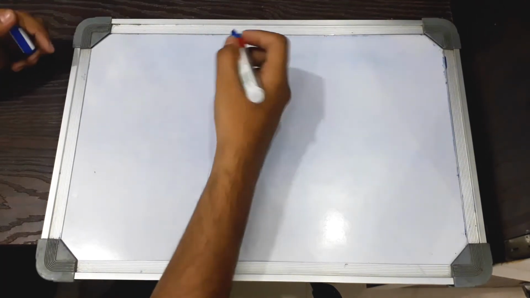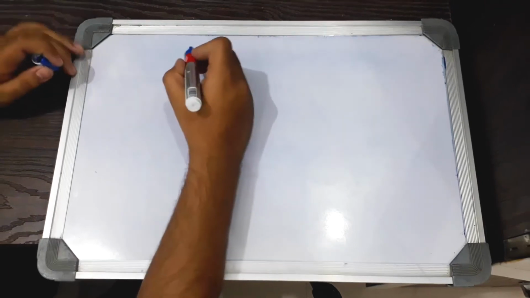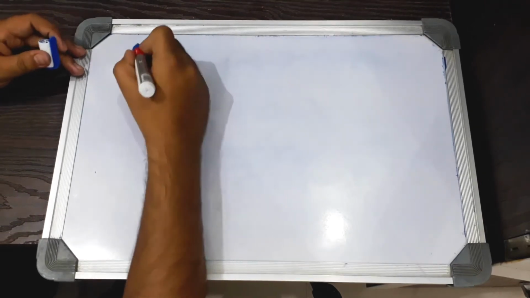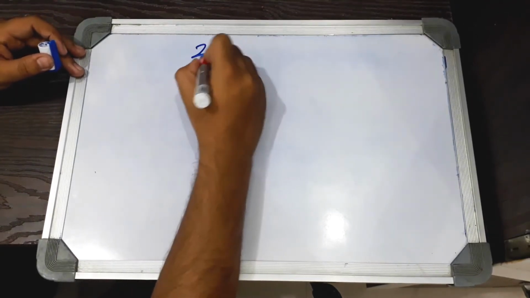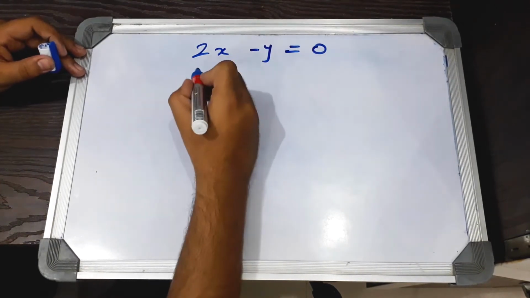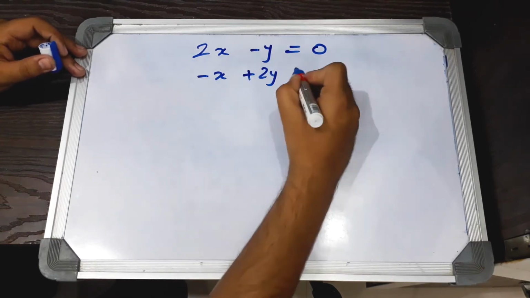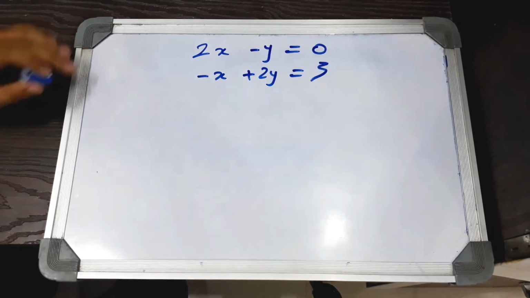We are here on the board and I'll give you an example of what linear algebra is. You must have studied linear algebra. Let's take two equations: 2x minus y equals 0, and minus x plus 2y equals 3, right?